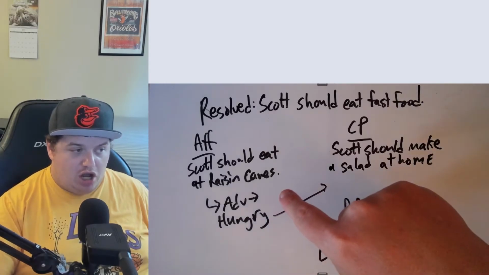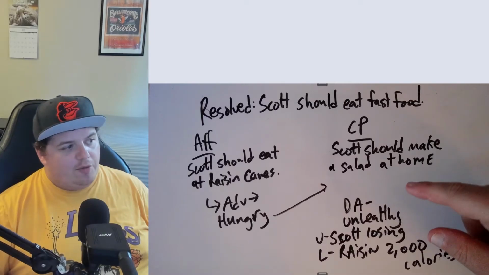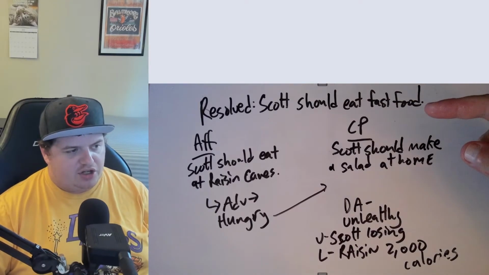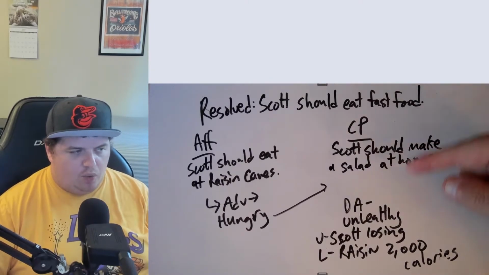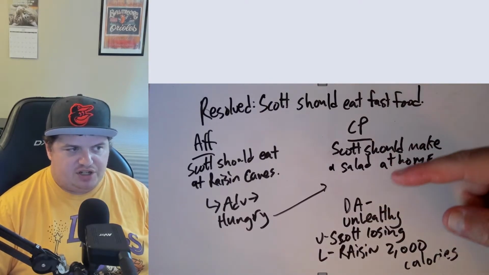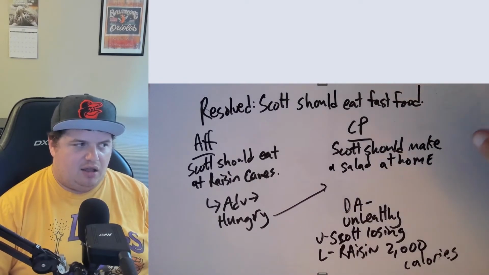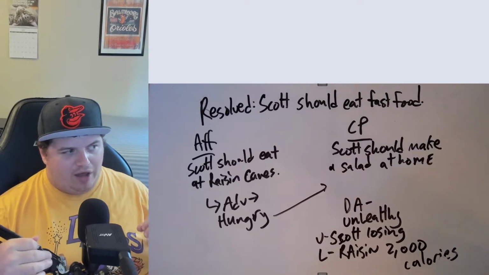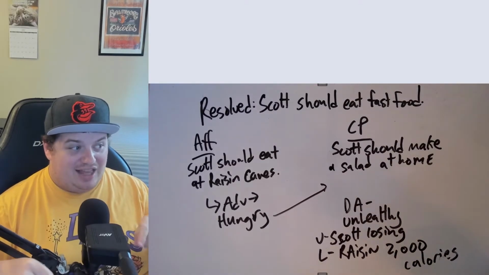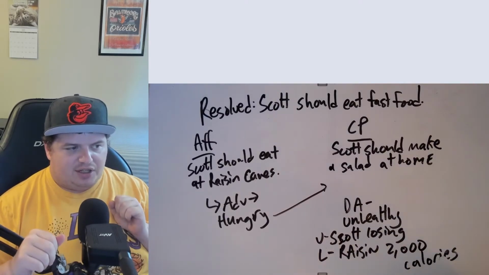So, the biggest answer against a permutation is going to be that whatever the net benefit is, whatever the disadvantage, the reason to prefer the counterplan over the AF, that thing links. The negative is going to say that thing links. The affirmative is going to say it does not link.